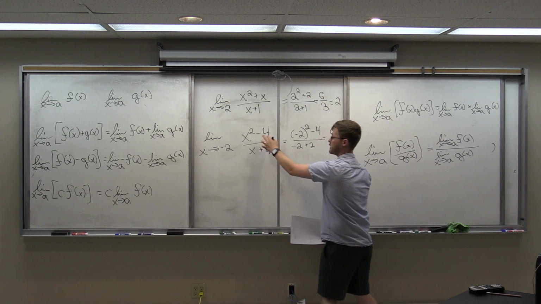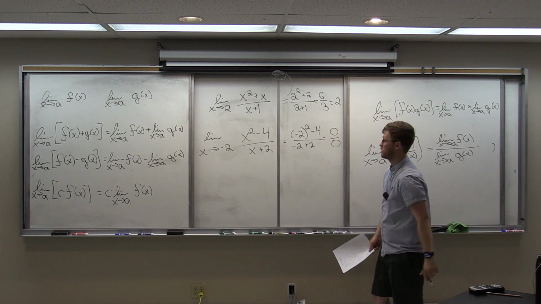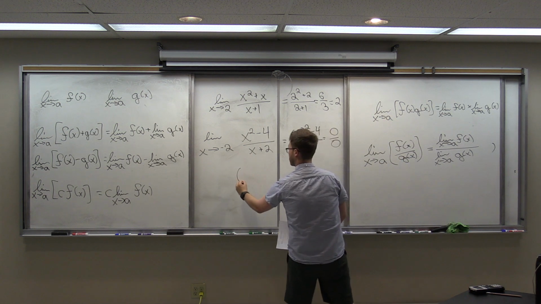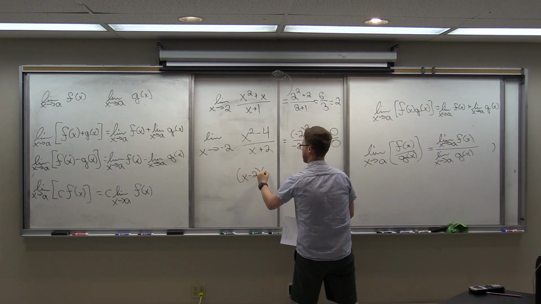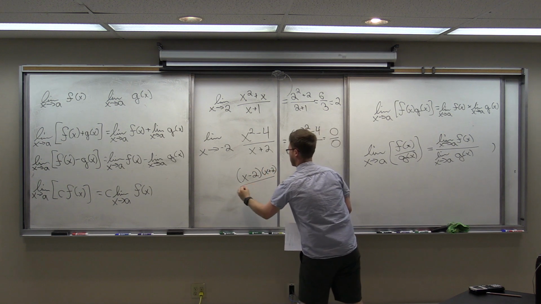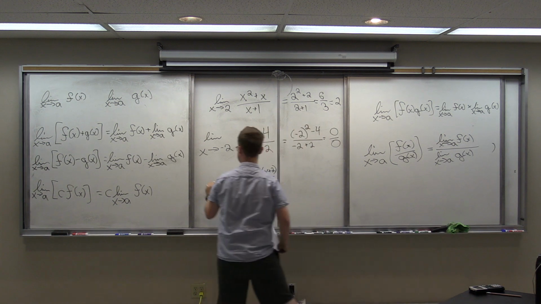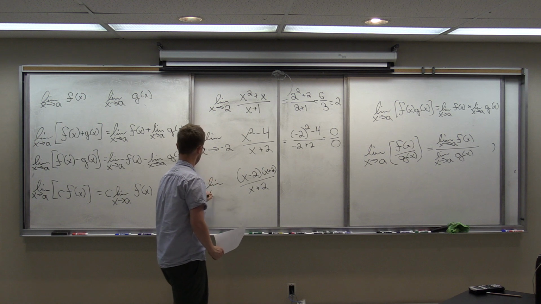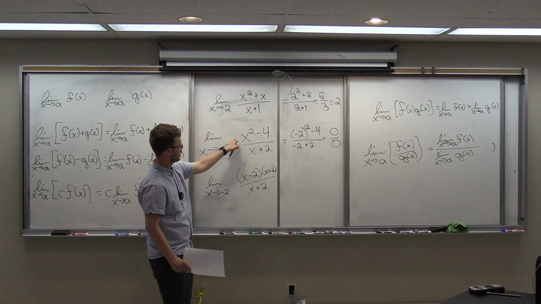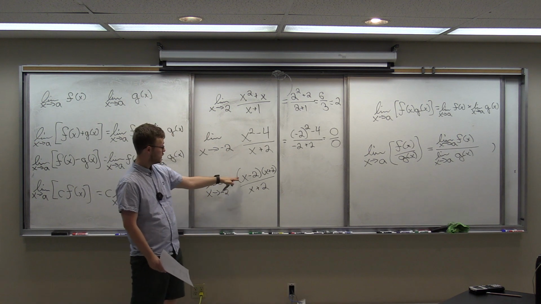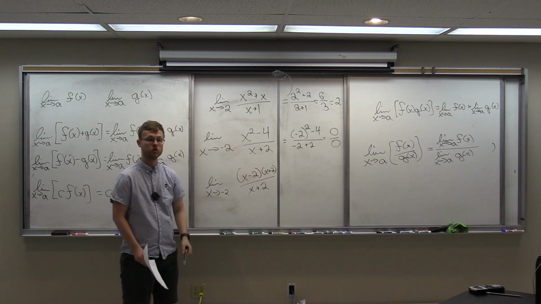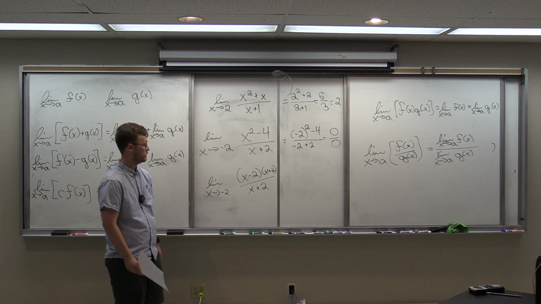We know that this can be recognized as a difference of squares. This numerator, x squared minus 4, is actually equal to x minus 2 times x plus 2, using our difference of squares factorization.